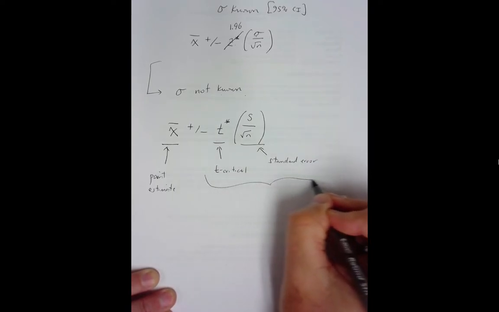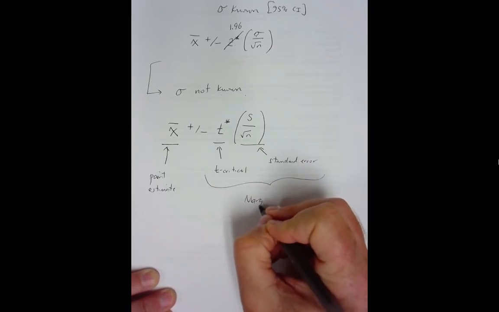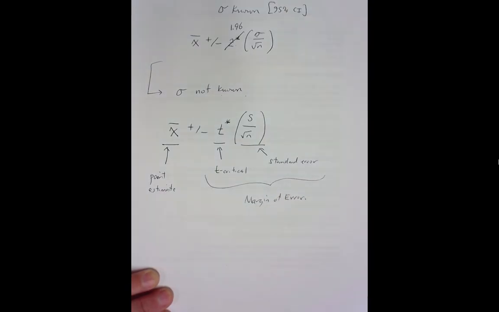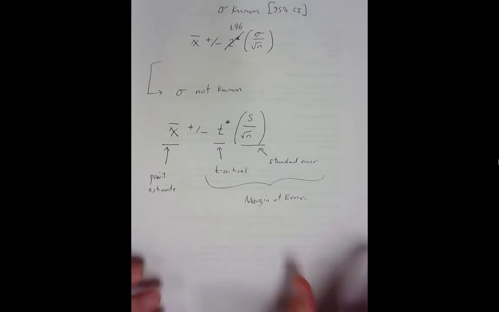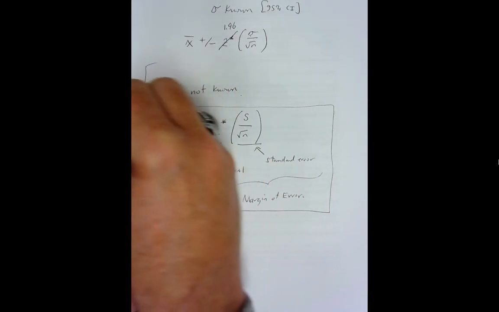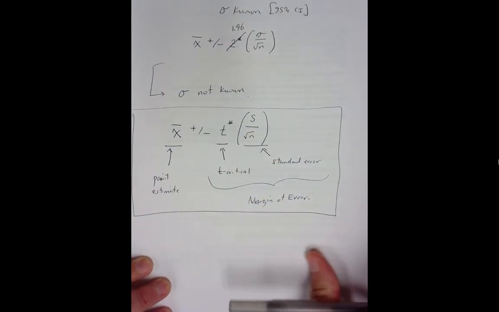And all of this right here is called our margin of error. So that's going to play a critical role in what we're doing.